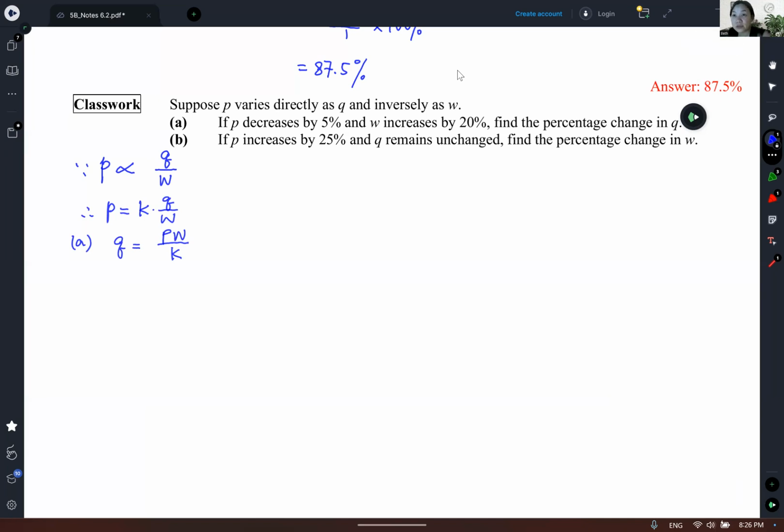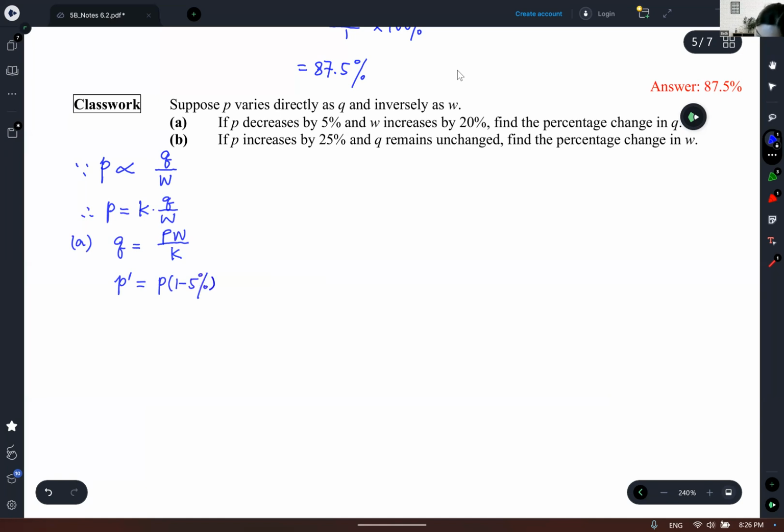So that's Q equals P times W divided by K. So in that case, the new P equals P minus 5%, 0.95P, and W equals 1 plus 20%, that's 1.2W. And therefore, Q prime, the new Q, equals 0.95P times 1.2W divided by K.